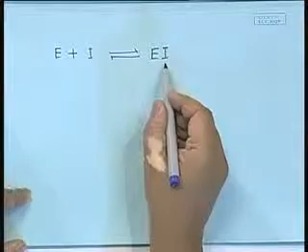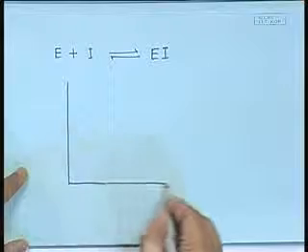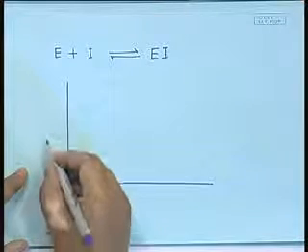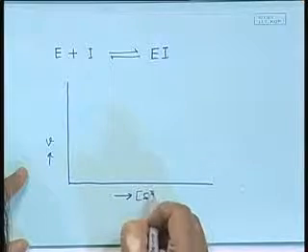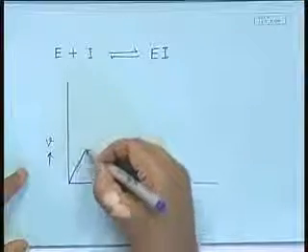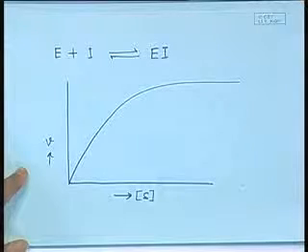Okay? Now, what is going to happen in my normal kinetic set, this is what I get, right? If I have the inhibitor, how is this going to change?